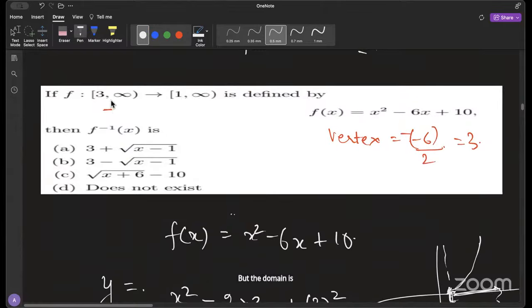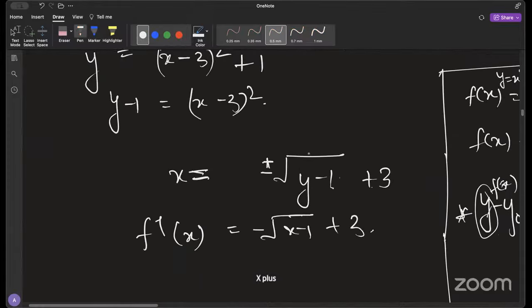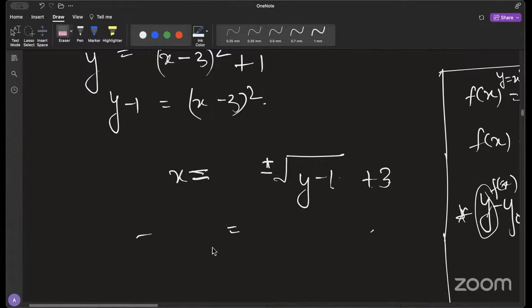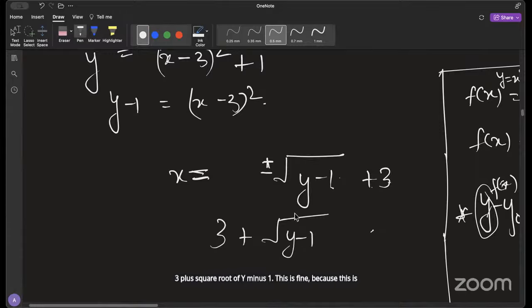But the domain means what values x can take. x can take values from where only? From 3 to infinity. If I take 3 plus square root of y minus 1, this is fine because this is a positive thing.